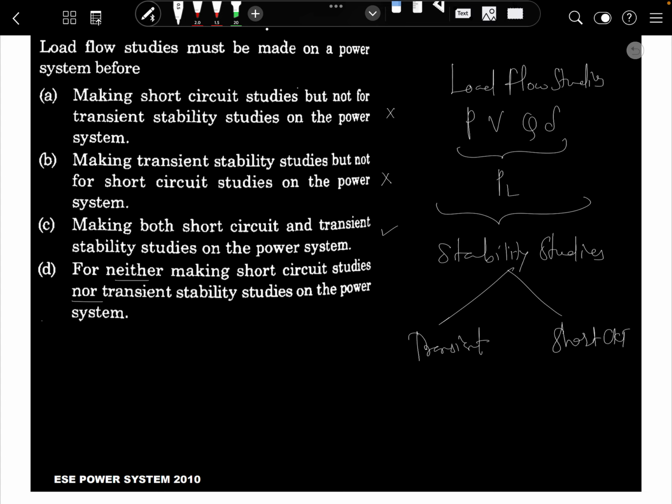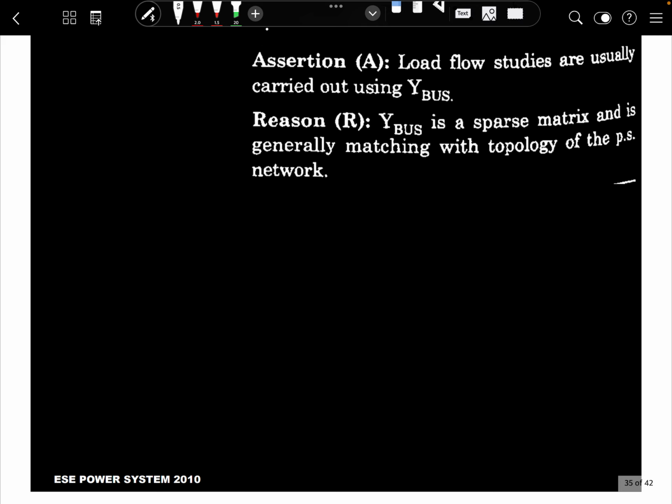So that's why both are required, transient and short circuit, both we will calculate after the load flow study. The load flow study must be made first, and then stability of transient and short circuit of the power system is performed.